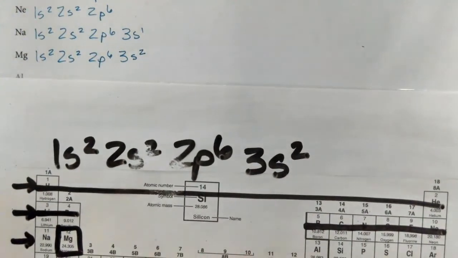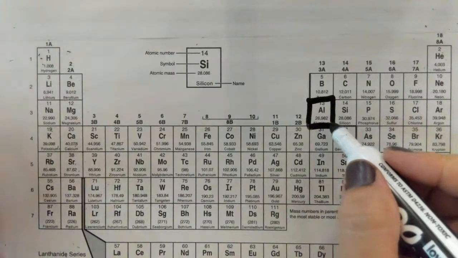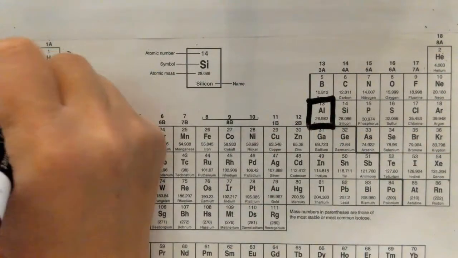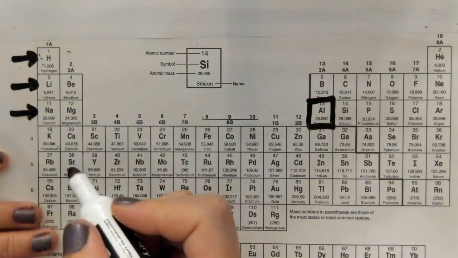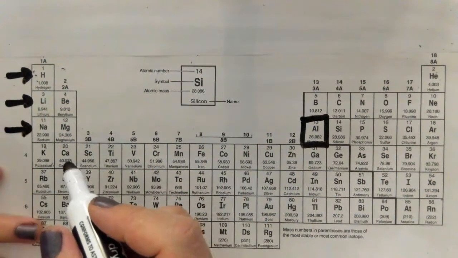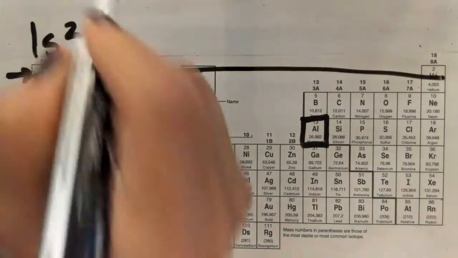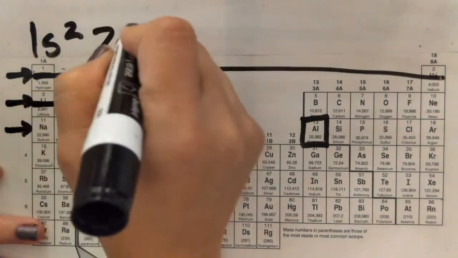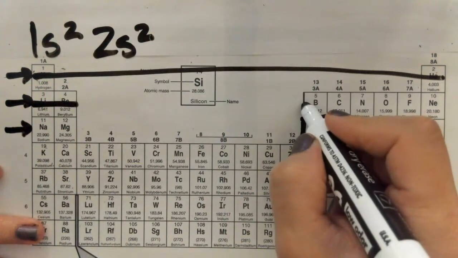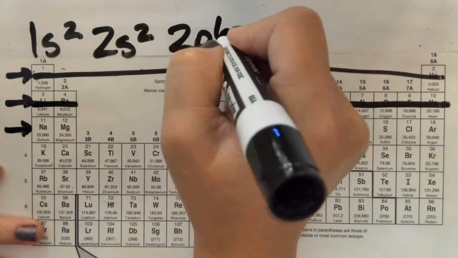Okay, one more, aluminum. Here is aluminum, and it's still on row 3, so we're going to go through row 1, through row 2, and we're going to go partly through row 3. So when I go through row 1, it's 1s2. Go across row 2, 2s2, all the way across the 2p block, 2p6.